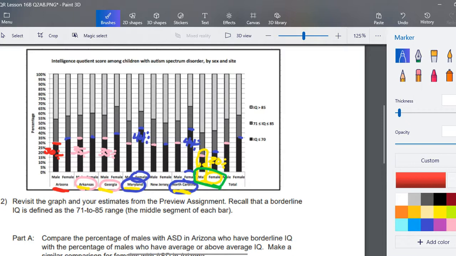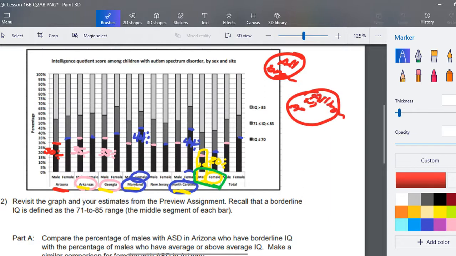Again, if it helps, draw circles and talk about all the boys in Arizona or all boys with ASD. This 32% is not all boys in Arizona. This 32% is out of all of the boys diagnosed with ASD in Arizona. That's where our 32% comes from.